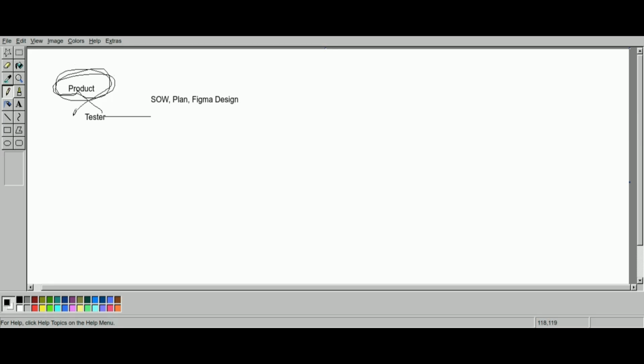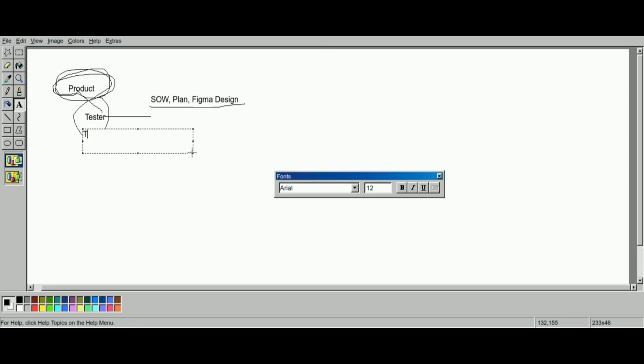The tester will gain internal product knowledge when the tester does not have any SOW plan or Figma design, and after that the tester will write the test case, test plan.